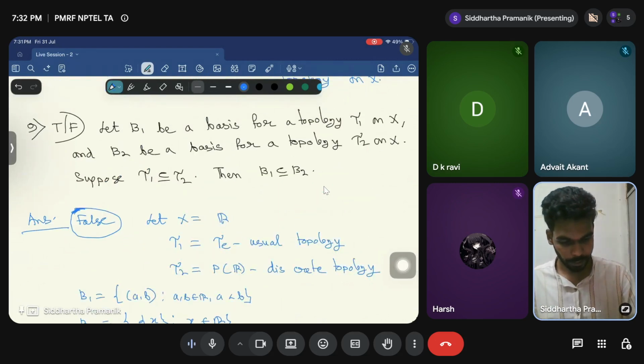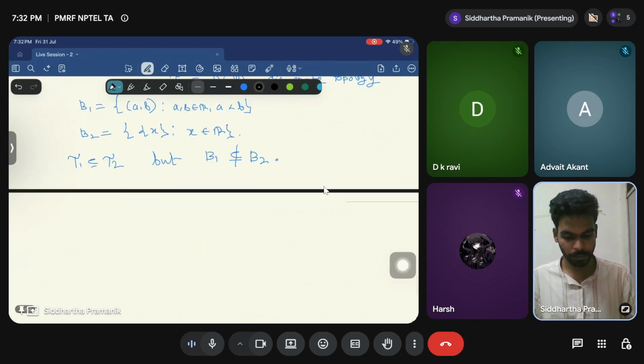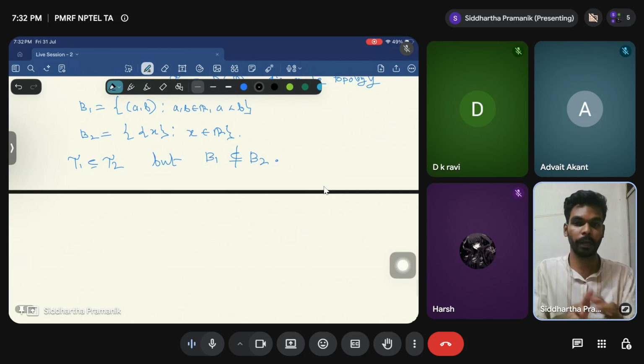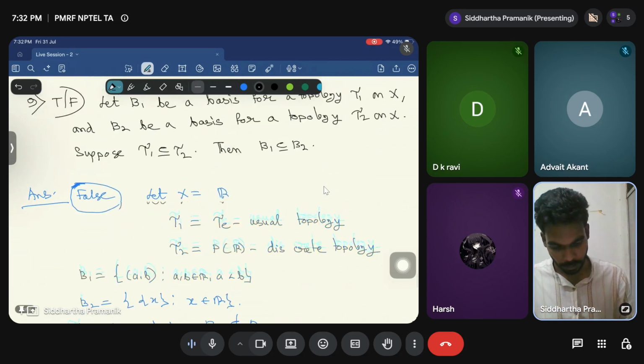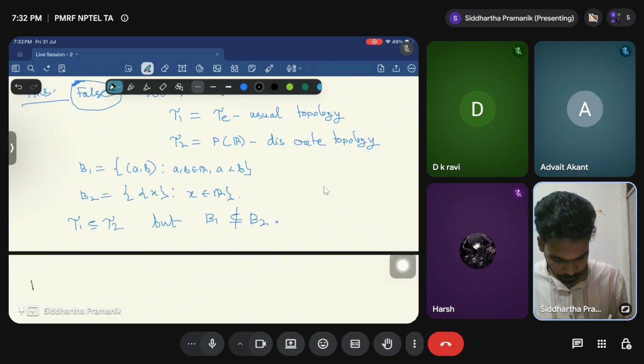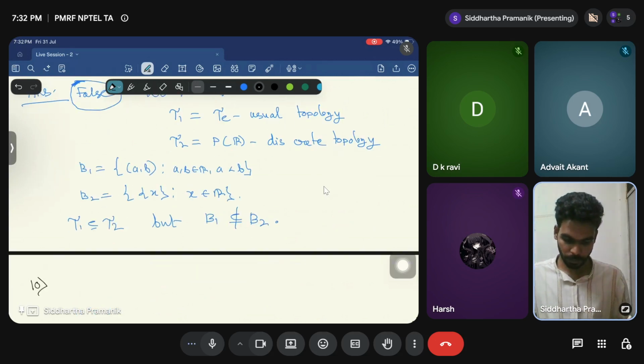So I will define a topology on the set of all integers, and I will again come back to that topology in the next problem solving sessions, and that will be an important one.